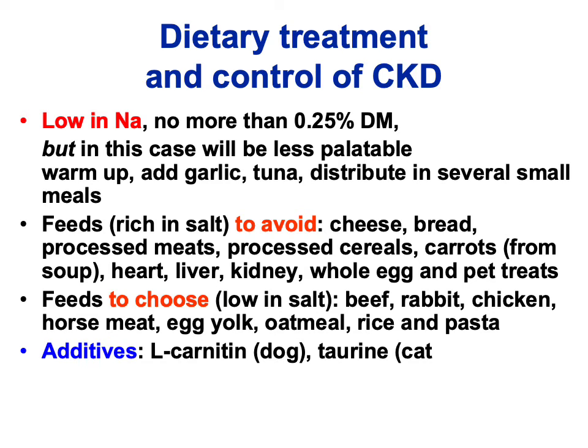You can help by using additives, L-carnitine in the case of the dog and taurine in the case of the cat, to improve the capacity of the heart muscle.